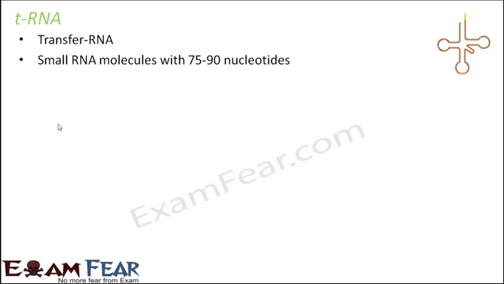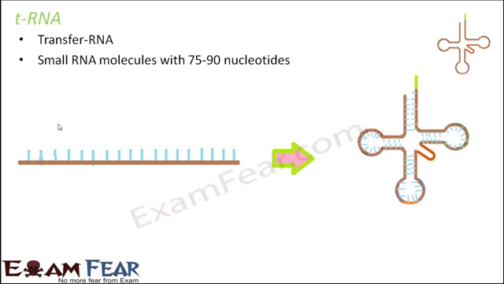It always has less than 100 nucleotides. So you can imagine it somewhat like this: a single strand of nucleotides which is being curved to form a shape like this. So this was the traditional shape. This was the shape which was considered traditionally for the tRNA molecule, that is transfer RNA.